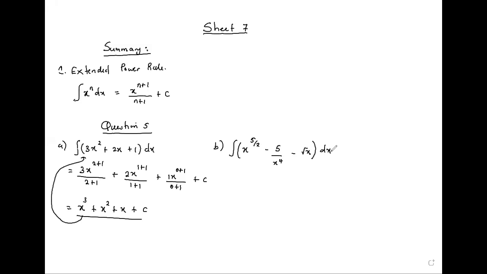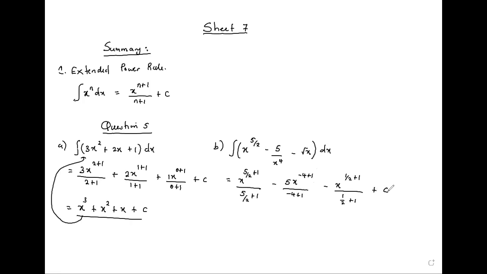I say, okay, I will use extended power rule. I'm going to have x to the 5 over 2 plus 1 over 5 over 2 plus 1, minus 5x to the negative 4 plus 1 over negative 4 plus 1, minus x to the half plus 1 over half plus 1, plus a constant c.